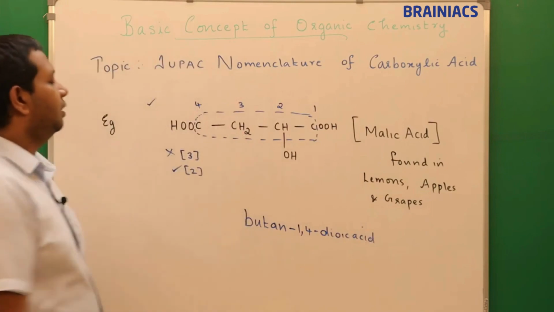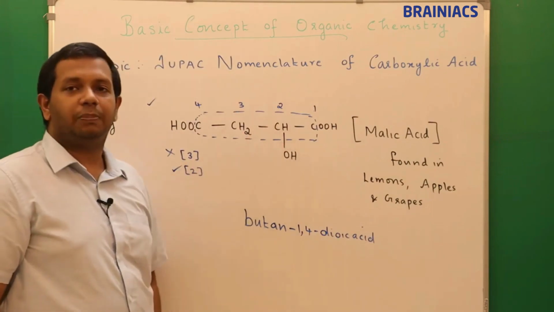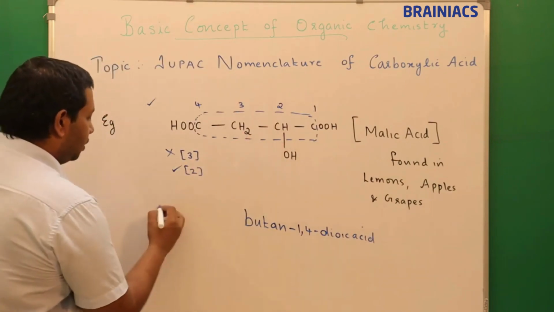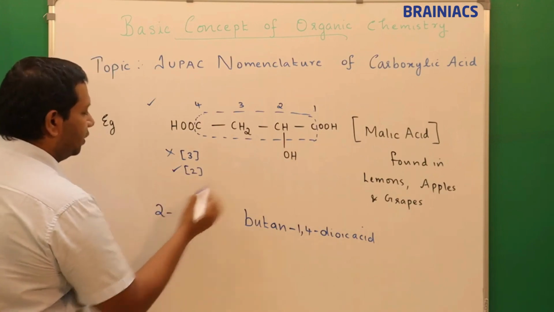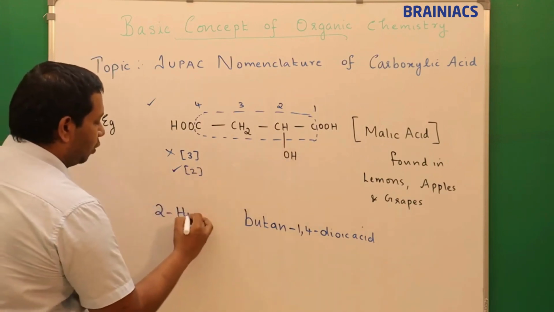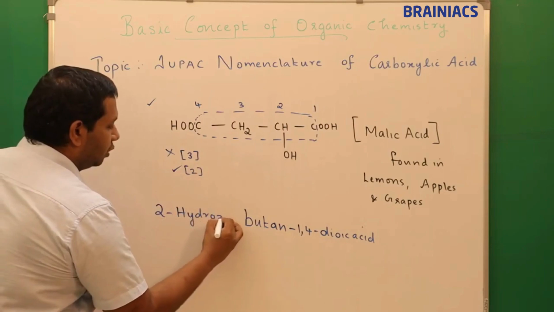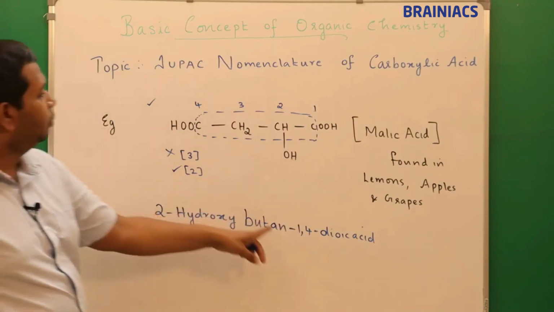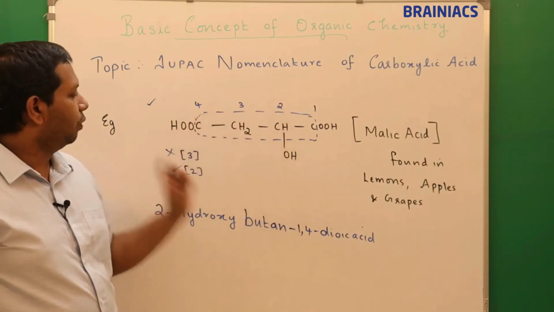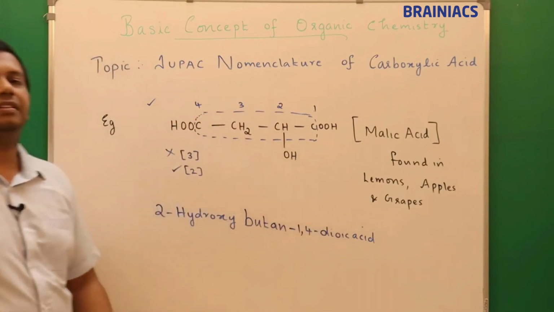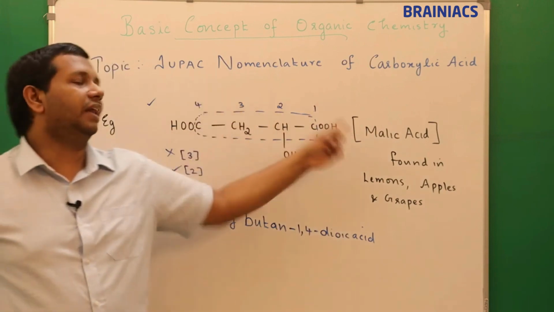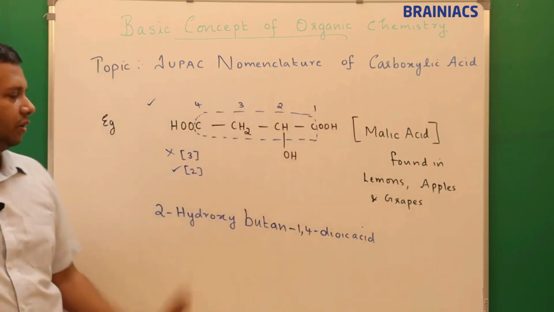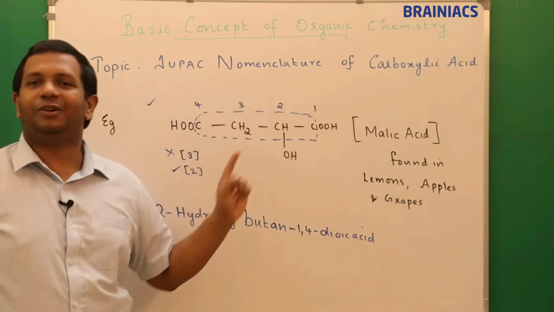That is completed. Now there is a second degree prefix, so I can say 2-hydroxy. 2-hydroxybutane-1,4-dioic acid. This is the IUPAC name of malic acid. Understood? So please be careful while doing the naming.